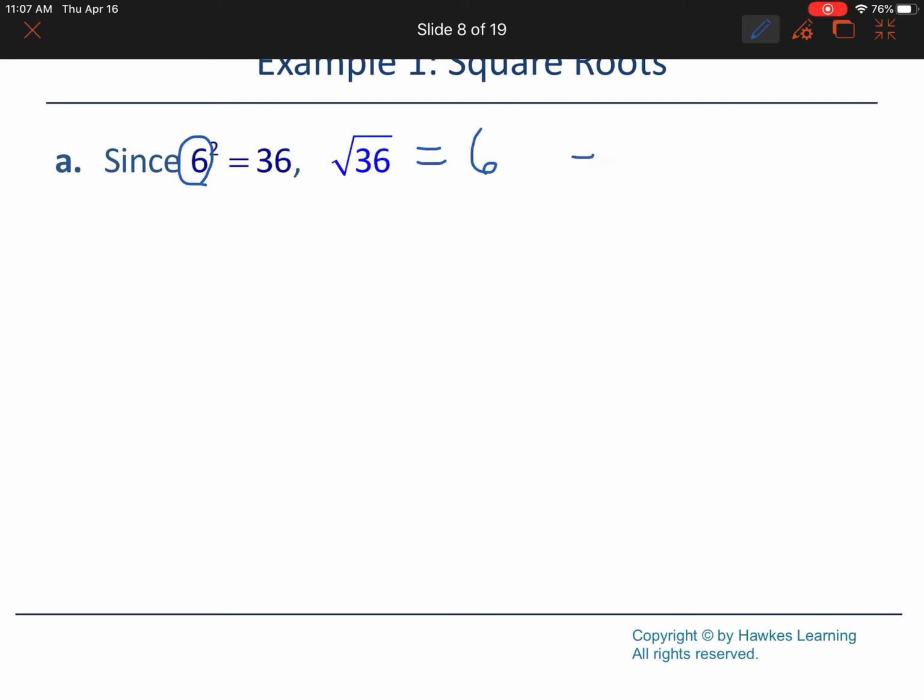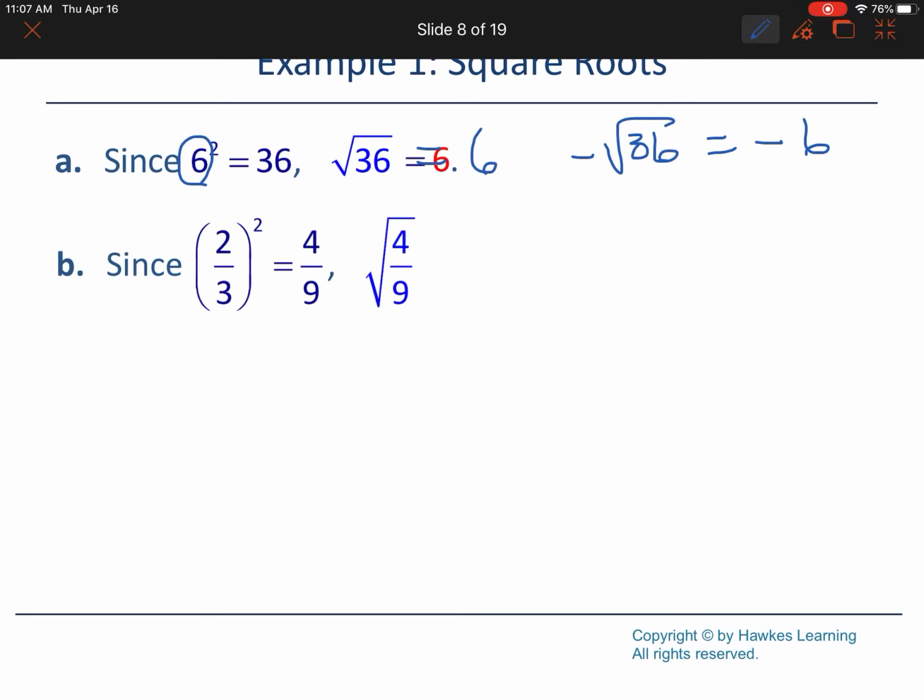So if I asked you the negative square root of 36, then what would the answer be? Well, it would be negative 6, right? So we can even do it with fractions. Since I know that 2/3 squared is 4/9, then the square root of 4/9 is 2/3.